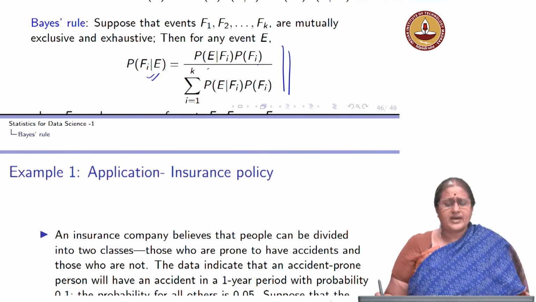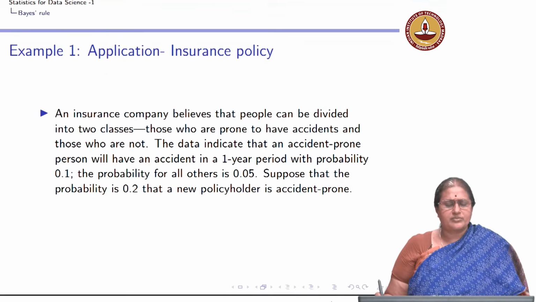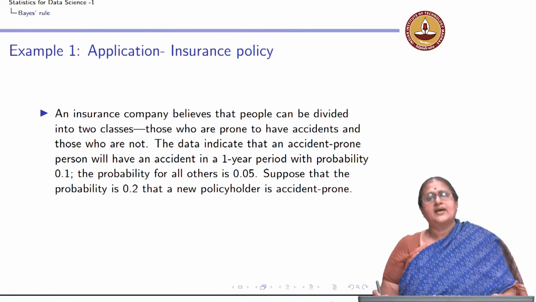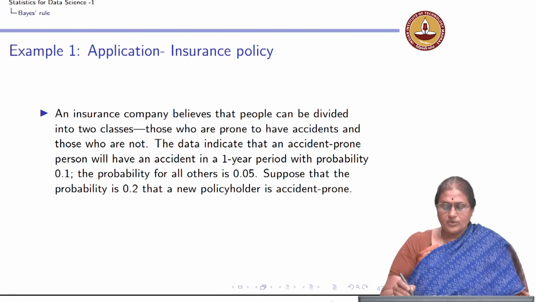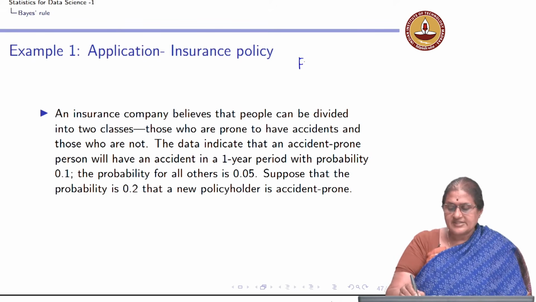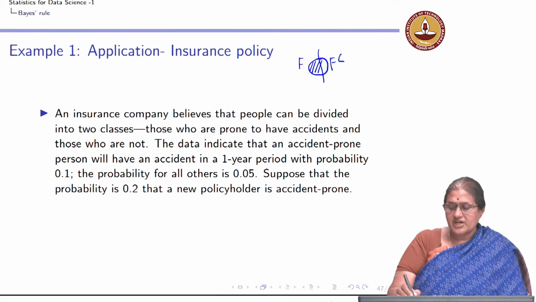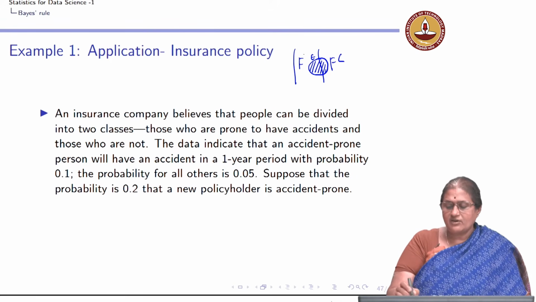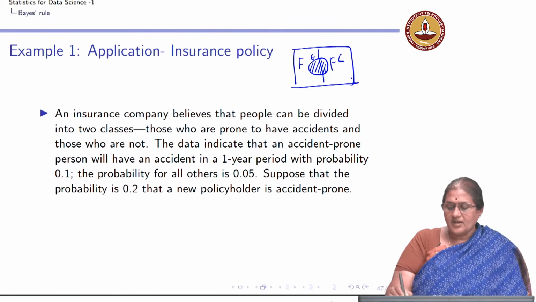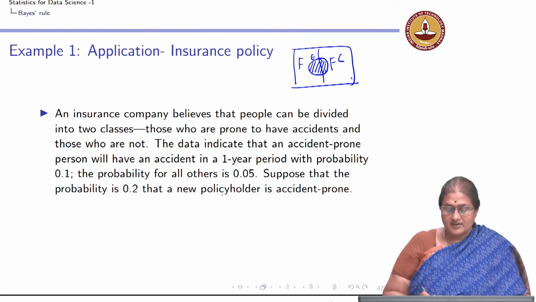Now, let us go back to our insurance policy problem and apply the result there. Again, I have two classes, accident prone and non-accident prone. We were interested in knowing the chance of a person having an accident within a year, where E is that event.